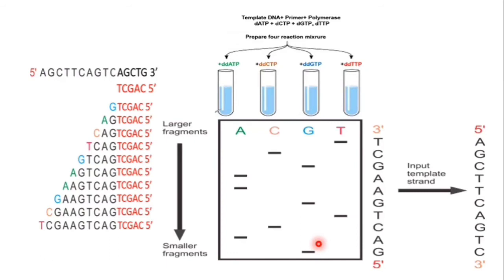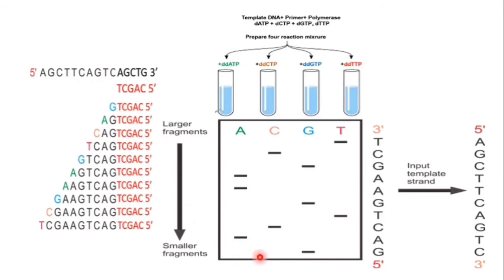In this G tube we found one band here, so that sequence is G, because this small strand fragment is terminated by ddGTP. Here you can see the same corresponding strand: this is the primer, and G is attached to the primer, so the chain is stopped.